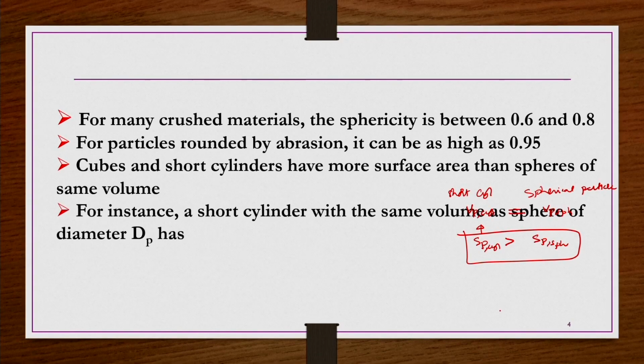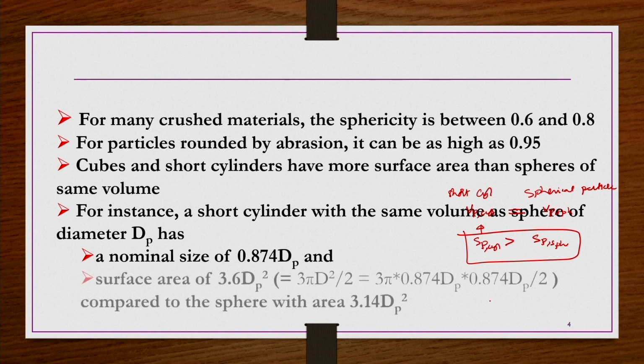So, let us say you have a short cylinder with the same volume as a sphere of diameter dp, then the nominal size is going to be 0.874 dp, that is, d is going to be 1 by 0.874 dp. So, 1 by 0.874 is going to be more than 1, that is the reason it is going to have a higher value, right. Let us say the surface area of a short cylinder is 3 pi d square by 2.